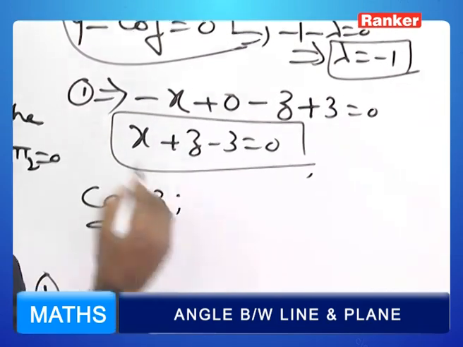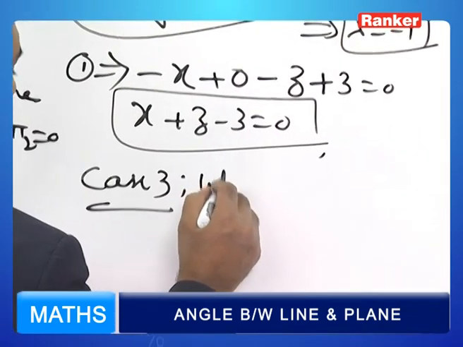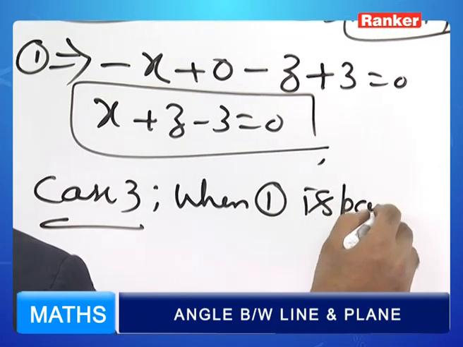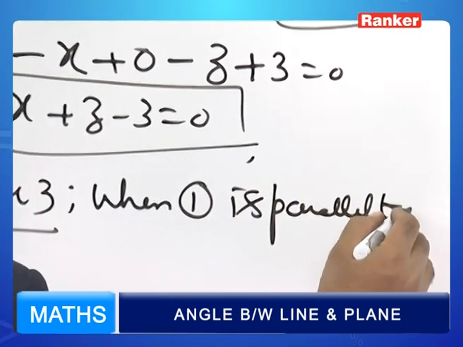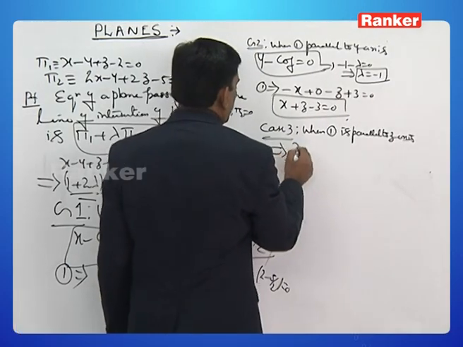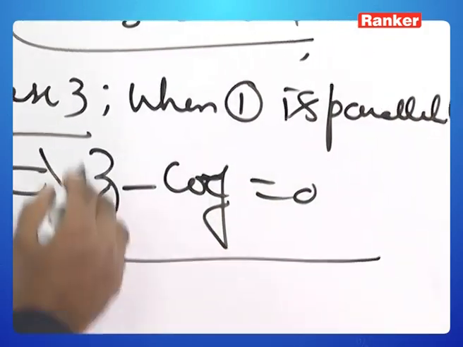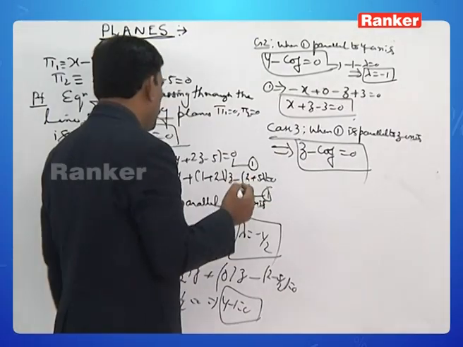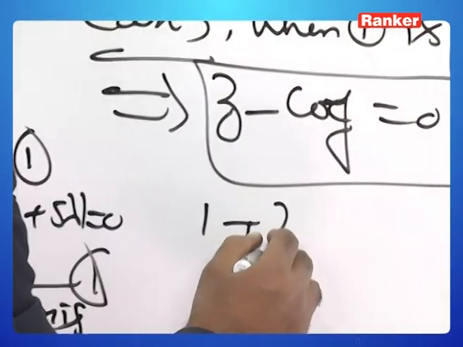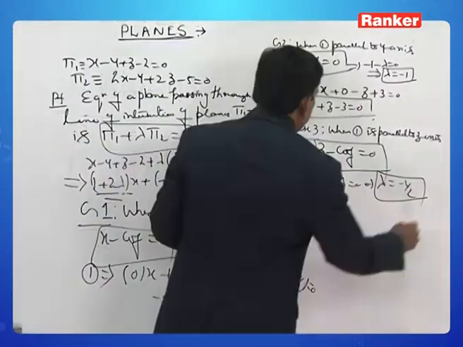Now I go for case 3. What is case 3? Case 3 is when 1 is parallel to z-axis, which implies the z coefficient is equal to 0. The z coefficient of 1 is 0. Now 1 plus 2 lambda is equal to 0. Therefore lambda is equal to minus half.